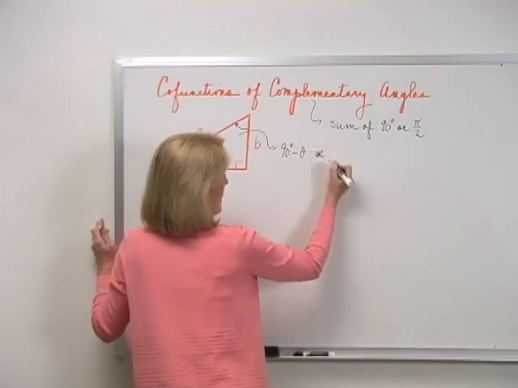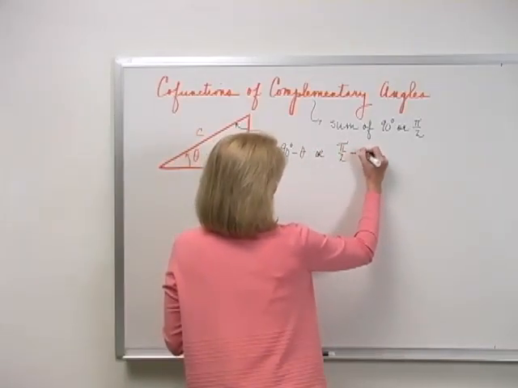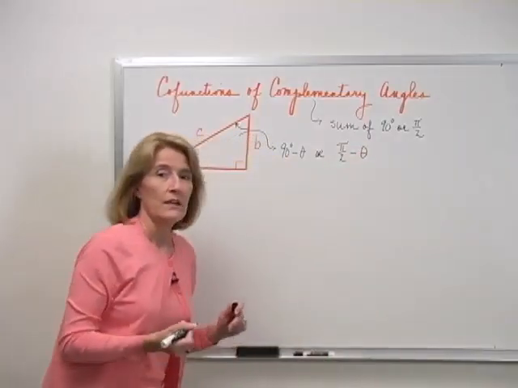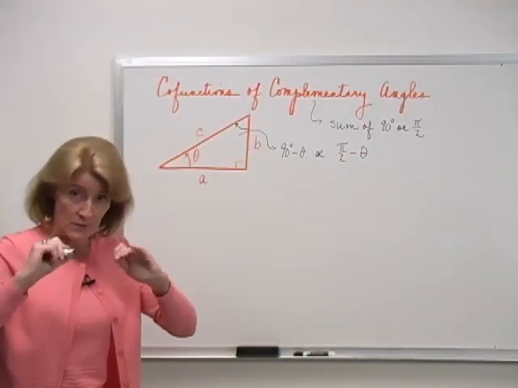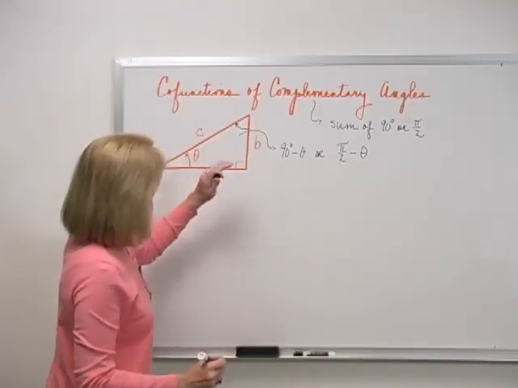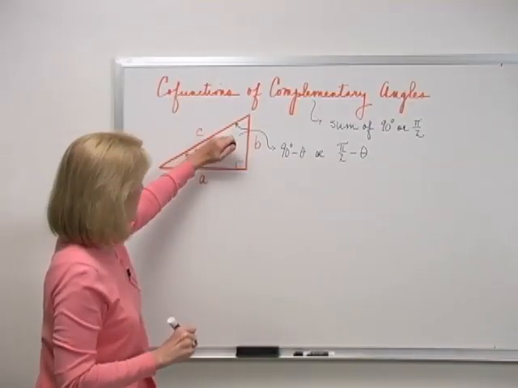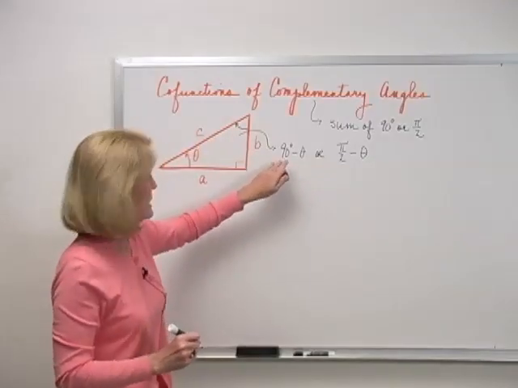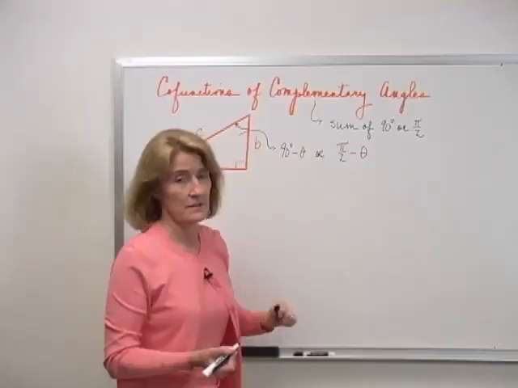Or I could write it as pi over 2 minus theta. Okay, now you have to get used to this notation so that when you see it, you can spot it. So if this angle is theta, then the other acute angle in the right triangle could be written as 90 degrees minus theta, or it could be written as pi over 2 minus theta.